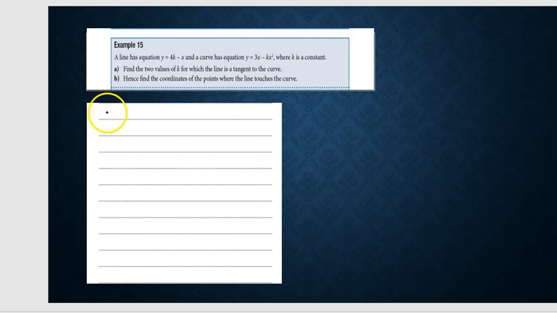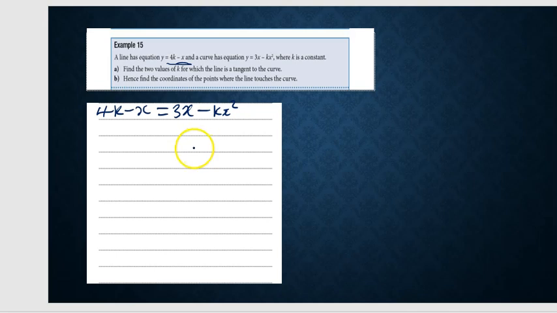If we look at the line and the curve, they will meet when 4k minus x is equal to 3x minus kx squared.